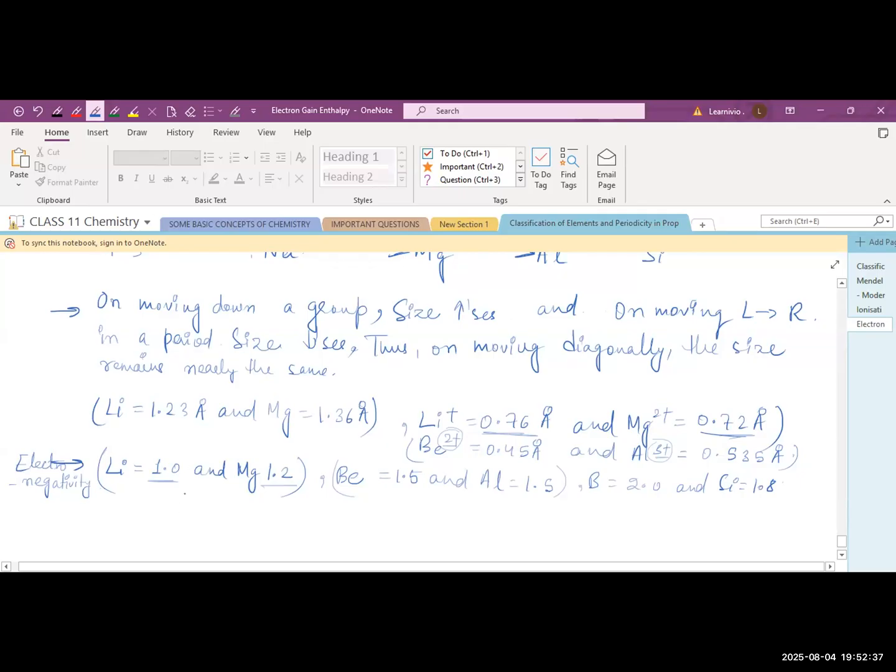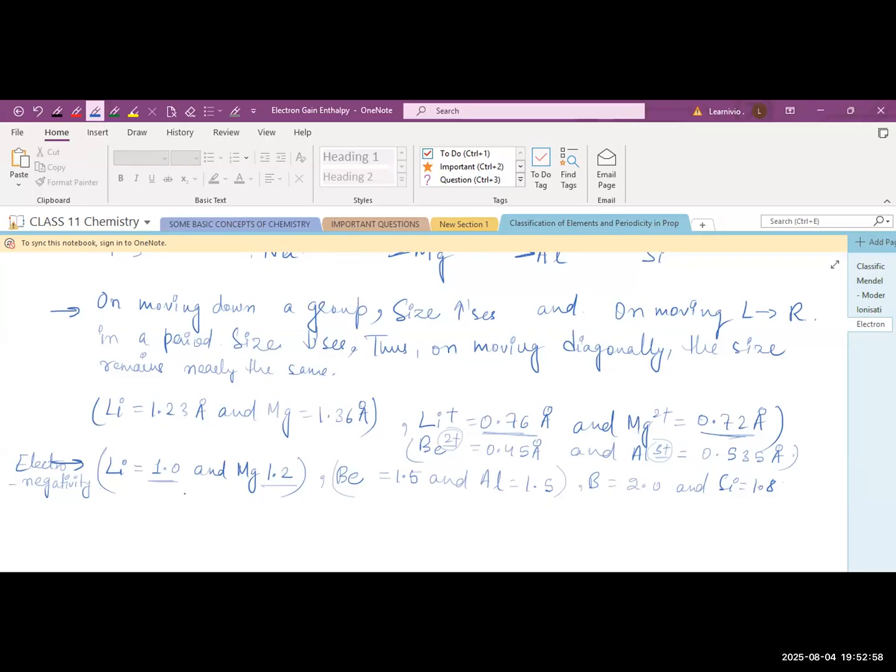Okay. And see the lithium and magnesium. Right. So when they form the bases, means when they form the hydroxides, because they both are metals. Both are metals. So when they form the hydroxides, what will the hydroxides be? Basically, they form the base.